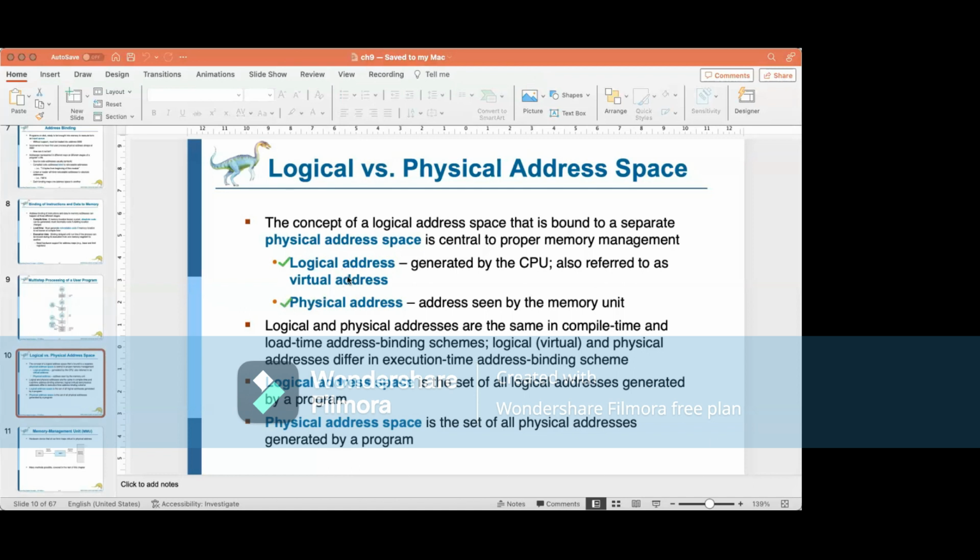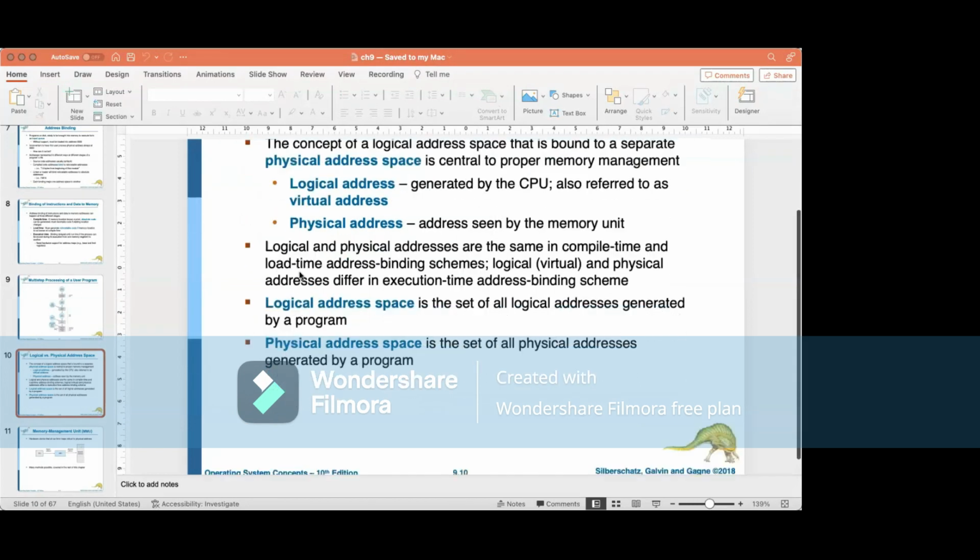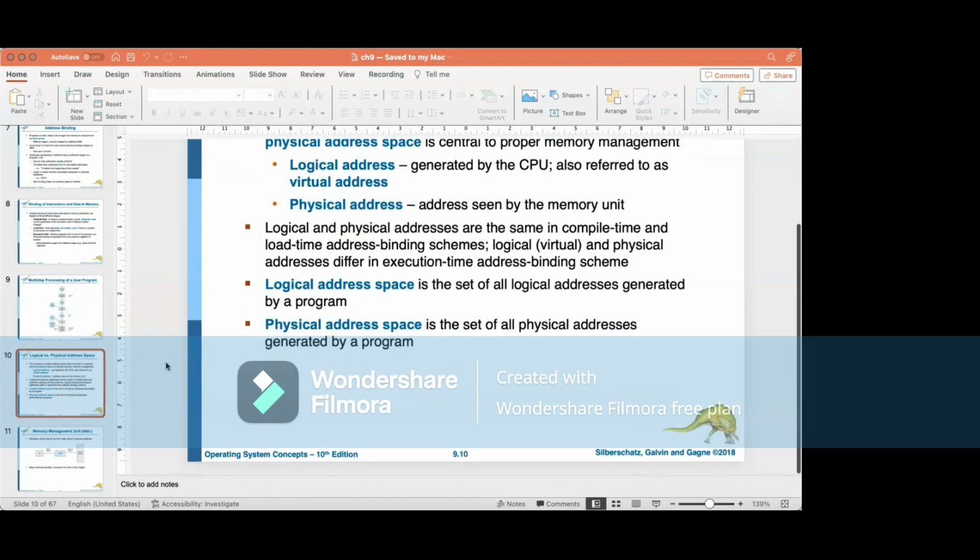The logical address space is the set of all logical addresses generated by a program. The physical address space is the set of all physical addresses, the actual locations.